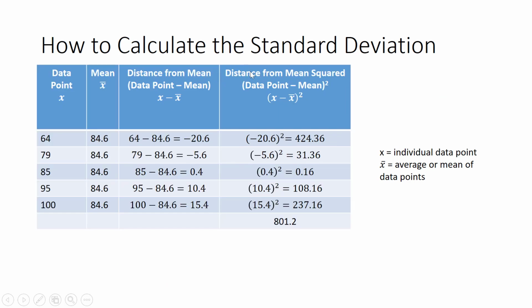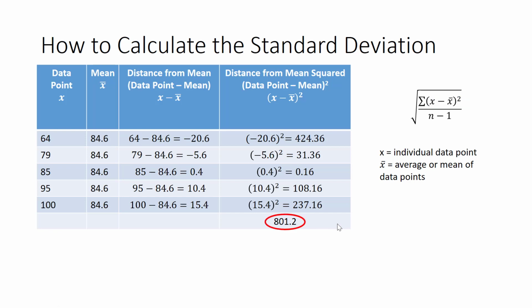So now we have added a fourth column to our chart, in which we are squaring all of these distances. You can see in our equation, that would be the next step. First, we find all of these distances from each data point to the mean, and then we need to square those values. And we've done that in this table right here.